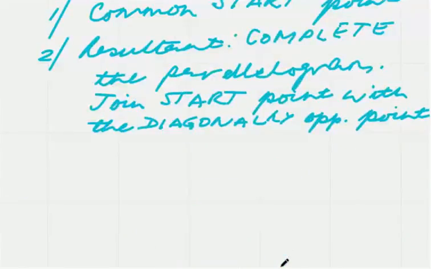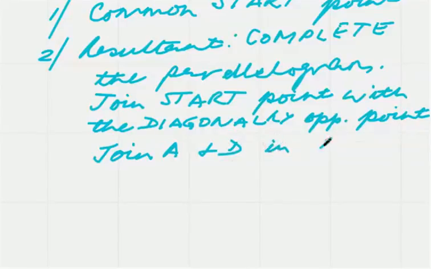Right? In this case, our start point is A. We join A and D in the sketch above, in the illustration above.